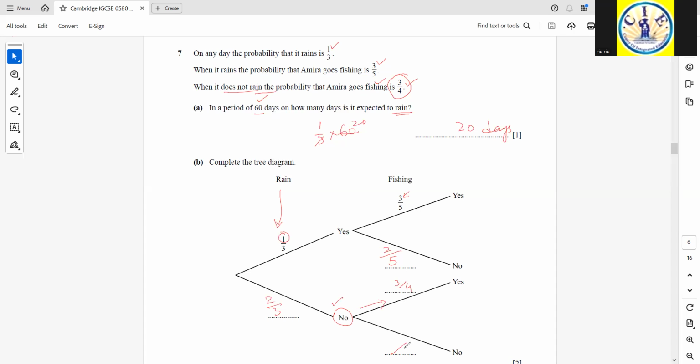So out of 4, 3 portions represent when Amira goes fishing when there was no rain. So it is the remaining 1 portion out of 4 that would be representing that Amira does not go fishing when there was no rain. So that was the completion of the tree diagram.